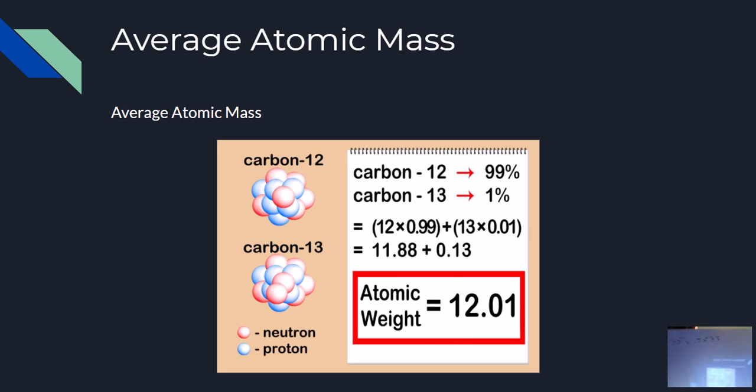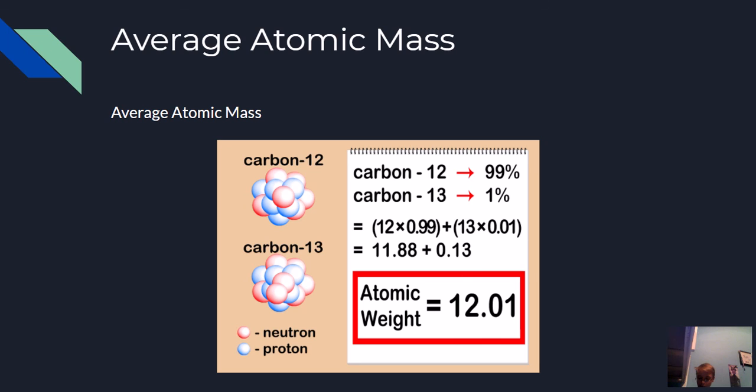Why is it 0.7533? That is because the abundance of chlorine 35 is 75.33%. You move the decimal 2 places to the left. Once you get that, you get about 26.3655.